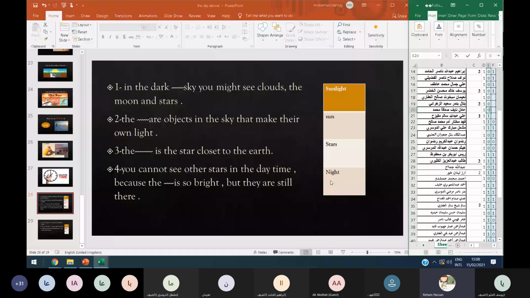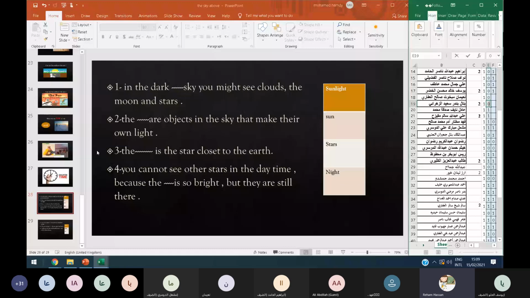Yes, Battal. So, Battal, what are objects in the sky that make their own light? The sun or the stars? Are. I tell you are. So it's the sun or stars that are objects in the sky that make their own light.